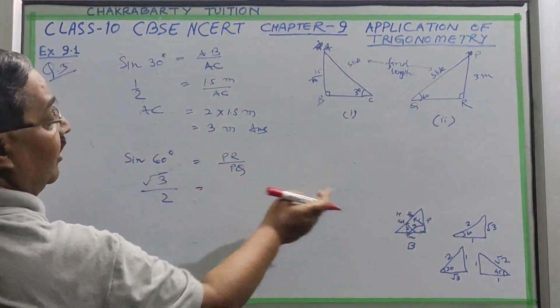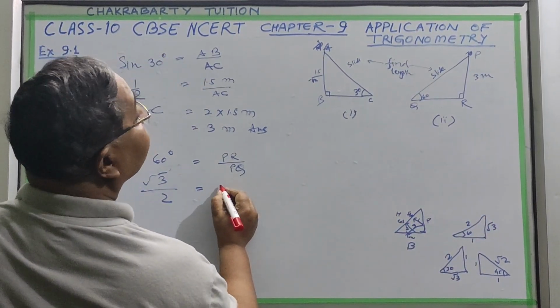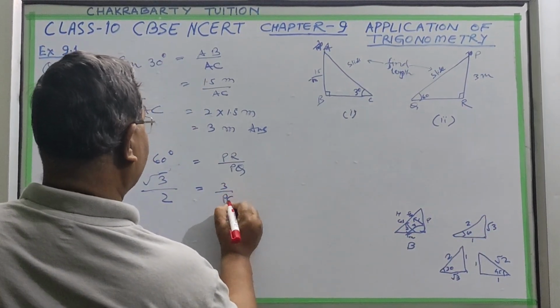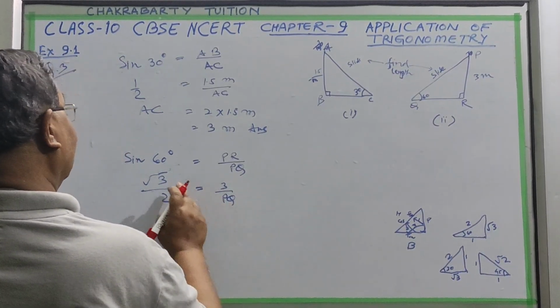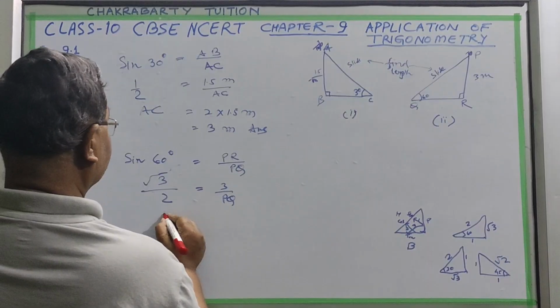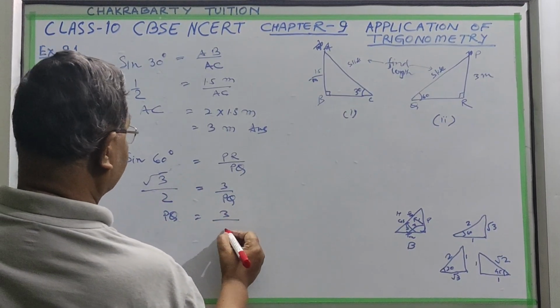Either you remember it or get it from the diagram. We are getting PR as 3 meter upon PQ. So for finding PQ, we will take this figure to the other side.